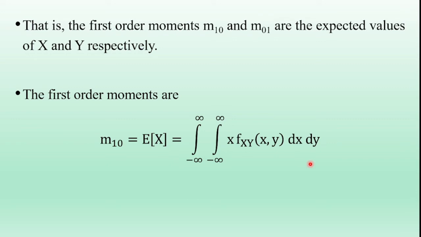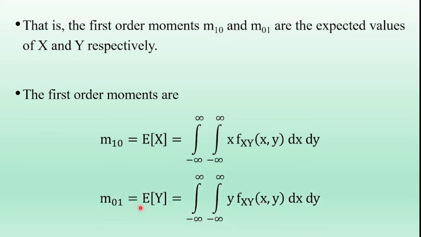And one more first order moment is m01, where n is equal to 0, k is equal to 1, which is equal to expectation of y. So which is equal to the integral from minus infinity to infinity, integral from minus infinity to infinity, y into f_XY of x comma y dx dy. So these two are the first order moments of the random variables.